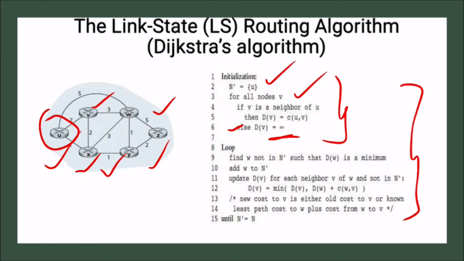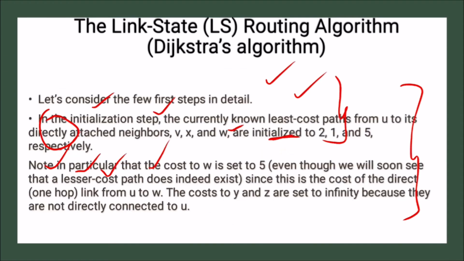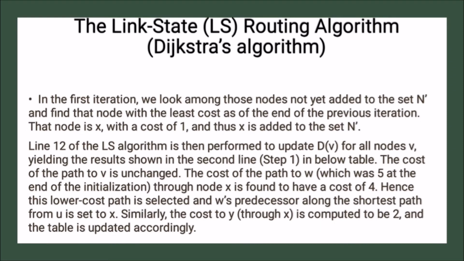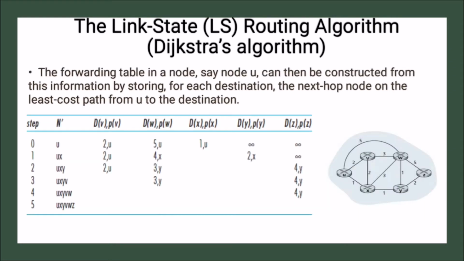The same for W, it is also not a neighbor of U, so the cost of U to W is infinity. Same, the cost of U to Z is infinity. We write this in the table: U to V is 2, U to W is infinity, U to X is 1.